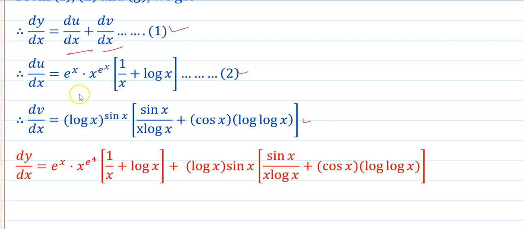we substitute both values here, du by dx and dv by dx. The first is e raised to x into e raised to x into x raised to e raised to x in bracket 1 upon x plus log x, plus the value of dv by dx, which is log of x in bracket raised to sin x, in bracket sin of x upon x log x plus cos of x into log of log x.